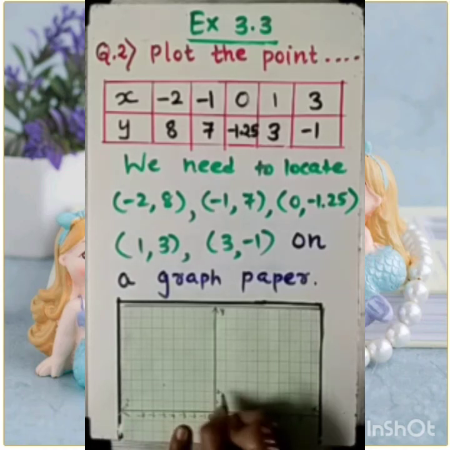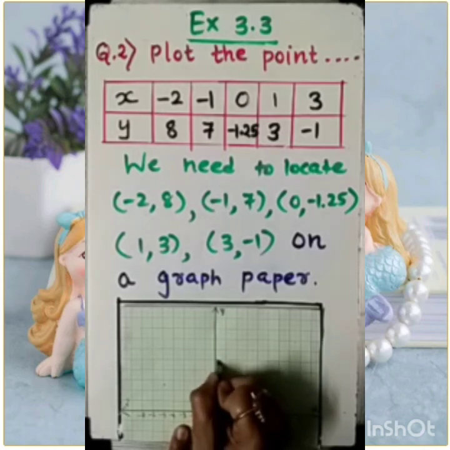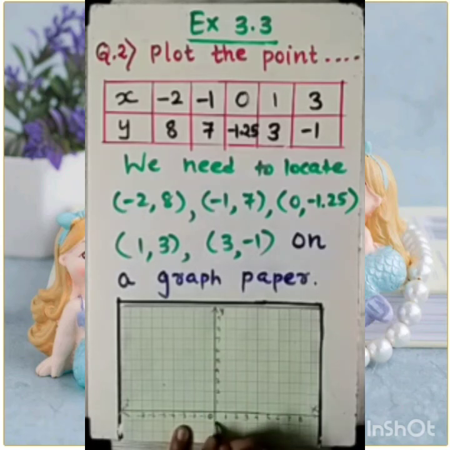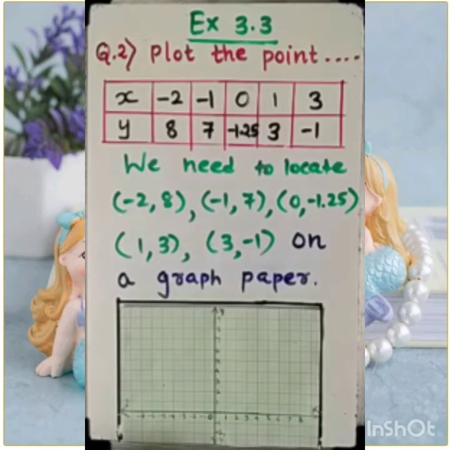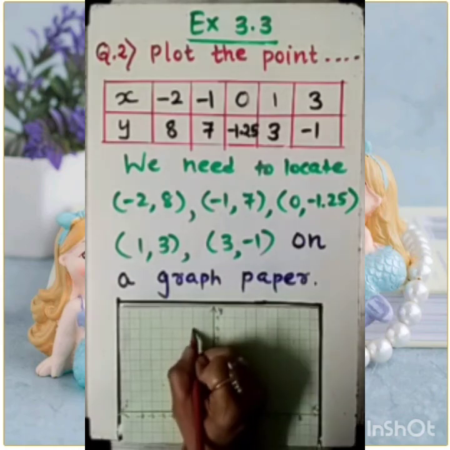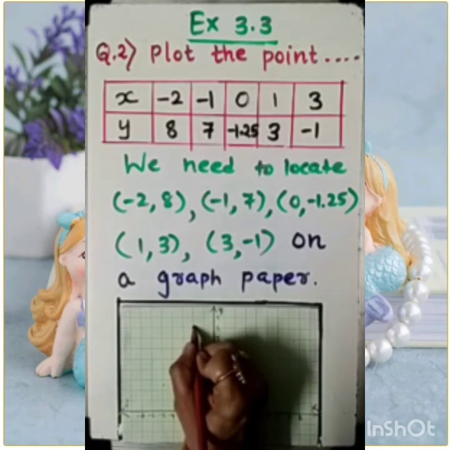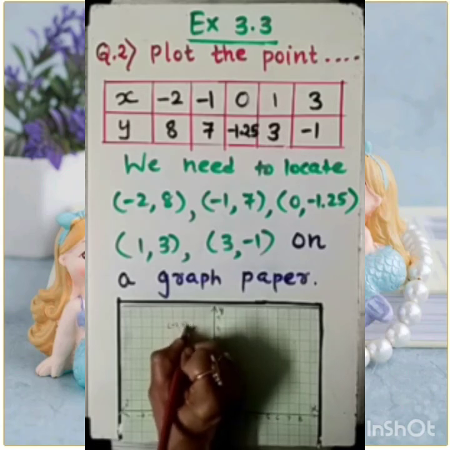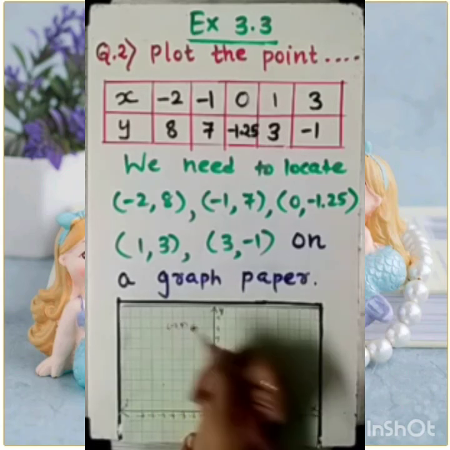On the x-axis, this side 1 unit I am choosing: 1, 2, 3, 4, 5, 6, 7, 8, 9 and so on, and this side -1, -2 and so on. Let's start locating the first point, -2, 8. It will lie at -2 on the x-axis and 8 up on the y-axis. So the location of this point will be here, -2, 8.